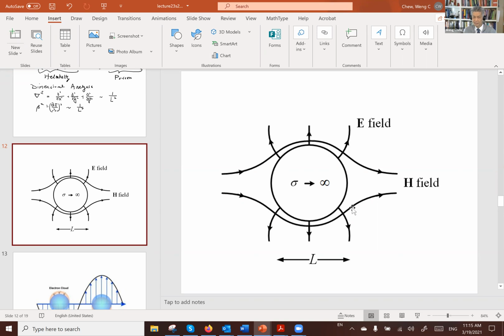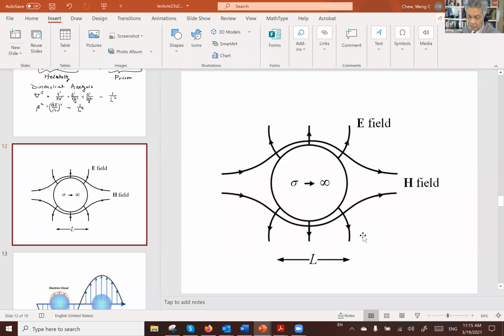And you can see that in this picture, the electric field has to contort itself to satisfy the boundary condition on the surface of the sphere. And then the magnetic field has to contort itself to satisfy the boundary condition on the surface of the sphere.